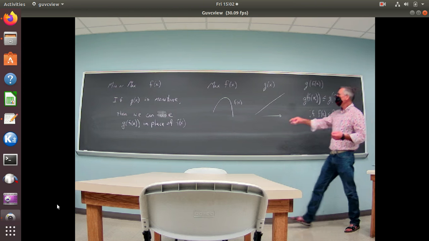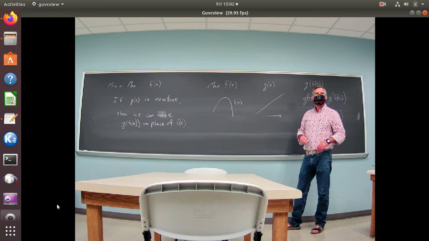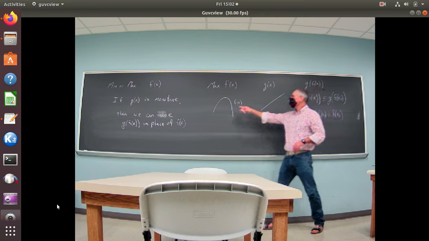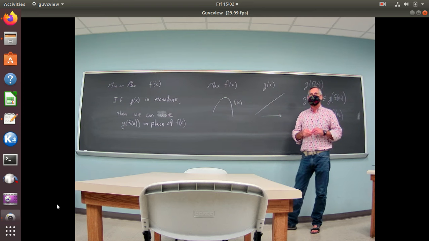What do you notice at this maximum? It peaks. So what's the derivative right here at the maximum? 0. You look for where the derivative is 0.